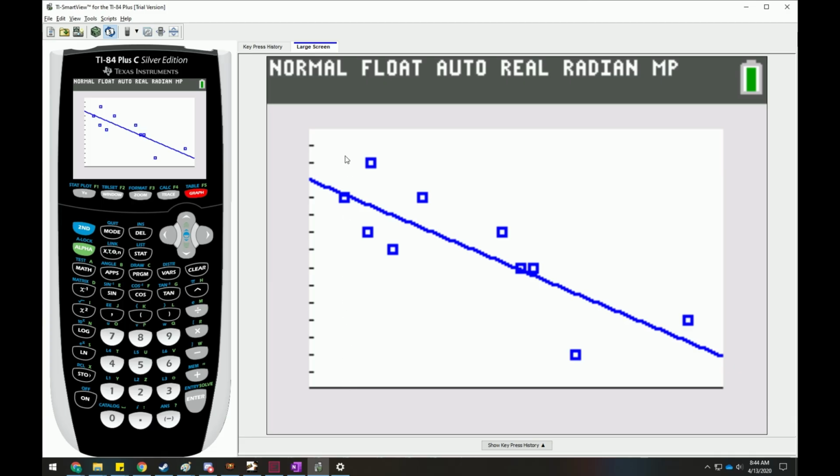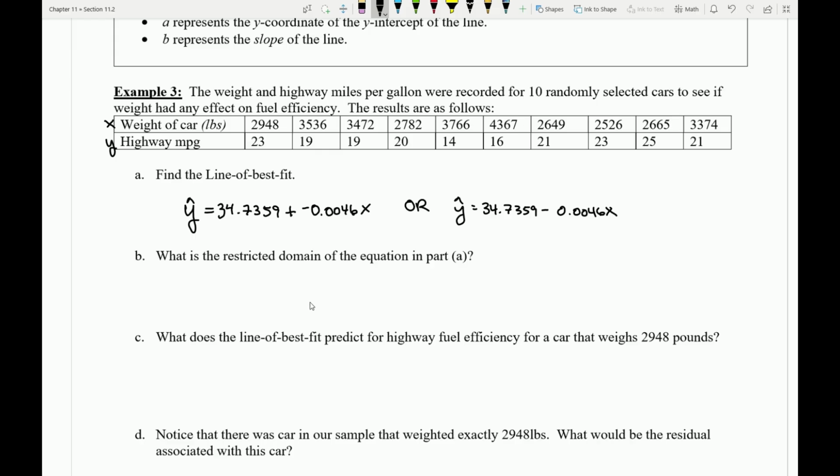And so what I want to use my line for is to predict what's going to happen with data points that exist between these extremes. I would never want to test data values that are bigger than my biggest value over here, or smaller than my value over at the very left. This creates what we refer to as a restricted domain.